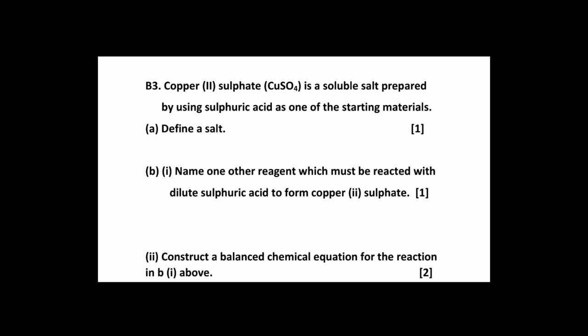So meaning they have given us one reagent. We need to mention the other reagent. Now, the compound we want to form is copper 2 sulfate. Remember, the sulfate will come from sulfuric acid because sulfuric acid is so called sulfuric because of the presence of a sulfate. Meaning, sulfuric acid will give us a sulfate.